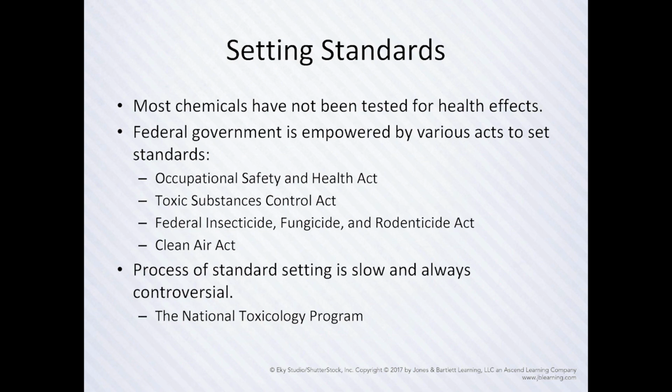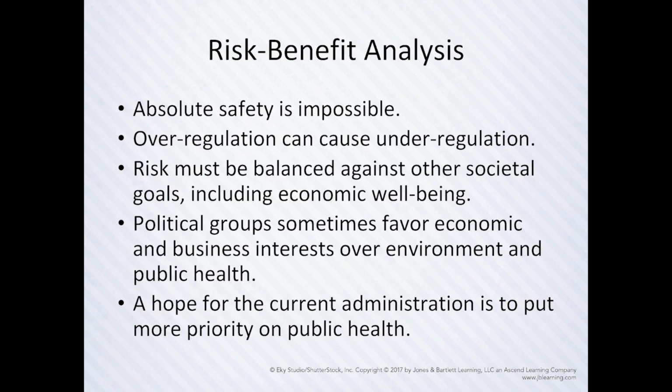So many chemicals we have regulations for, but most chemicals we have no data regarding potential health effects. Some of the regulation standards include things like OSHA, the EPA's TSCA, EPA's FIFRA, the Clean Air Act, and a toxicology investigation program called the National Toxicology Program, trying to establish what is toxic, what isn't.